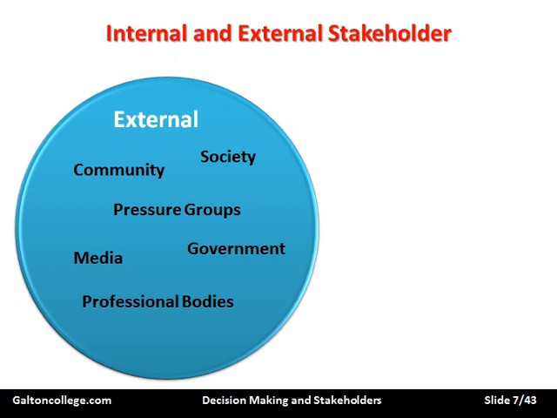So the external stakeholders could be seen as the community, the society, pressure groups, media, government, professional bodies. These are external to the company, but they would be affected if the business was to close down, was to cease trading.